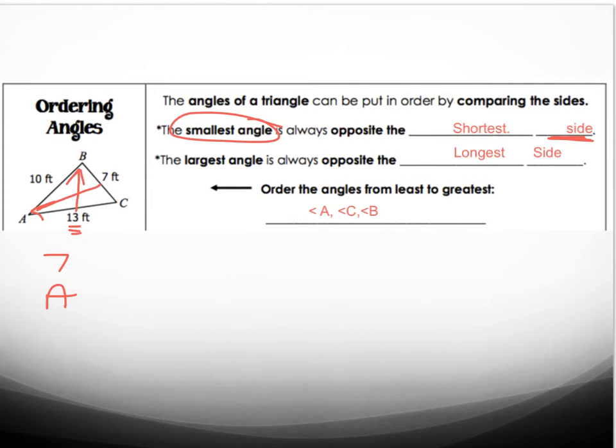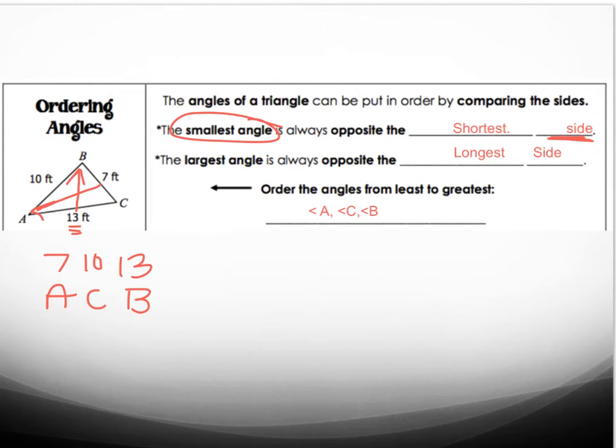It is across from B. So 13 is across from B. Our middle side is 10, and it is across from what? C. So in order to list the angles from least to greatest, we have angle A, angle C, and angle B. And see, we weren't even given anything about angles, but we used the sides to determine the information.